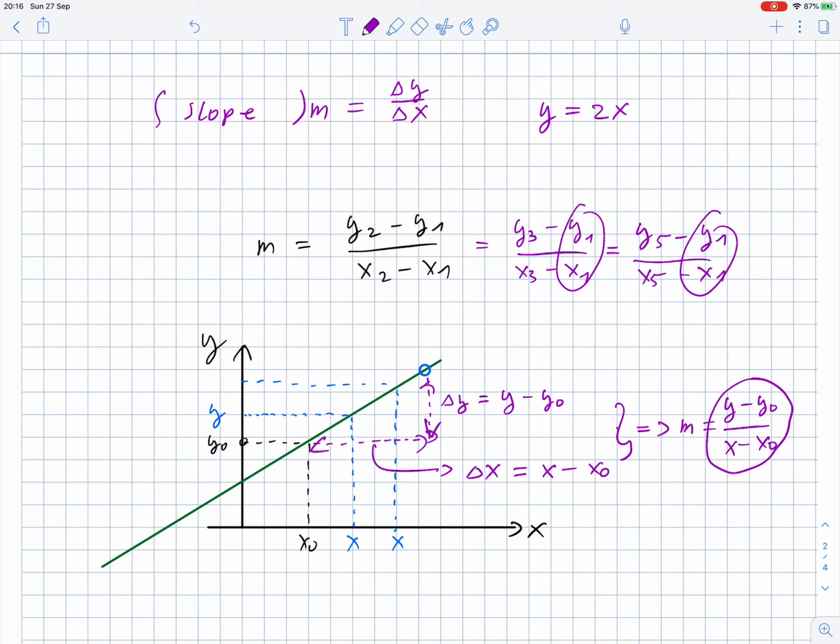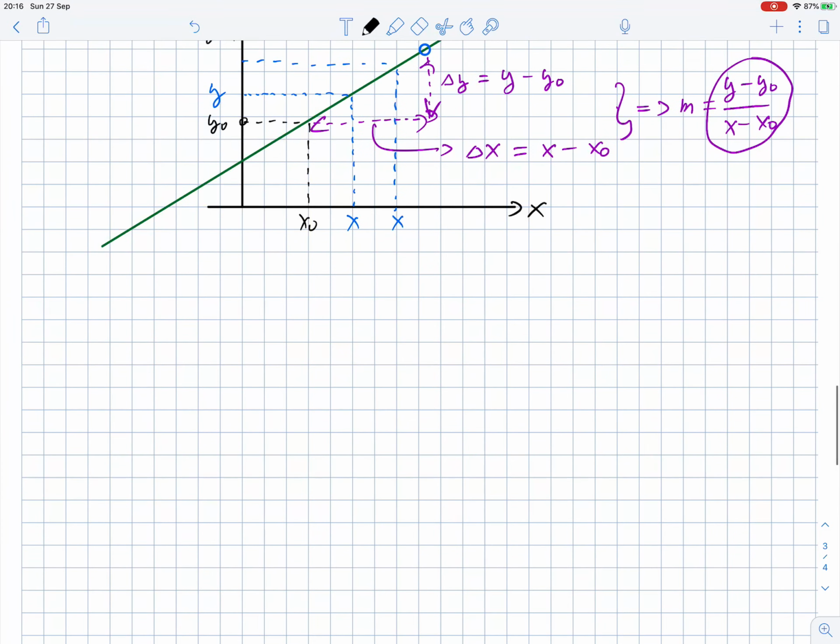Now I can write this expression of slope as y minus the fixed point y0 divided by x minus x0. This is a fixed point. This is your variable. And the ratio between them is a constant, which is the slope.